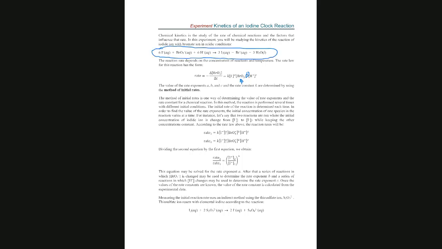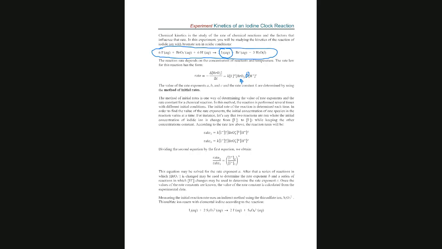How are we going to calculate the rate? We are going to calculate the rate of iodine, which has a nice color. We are going to use an indirect method.